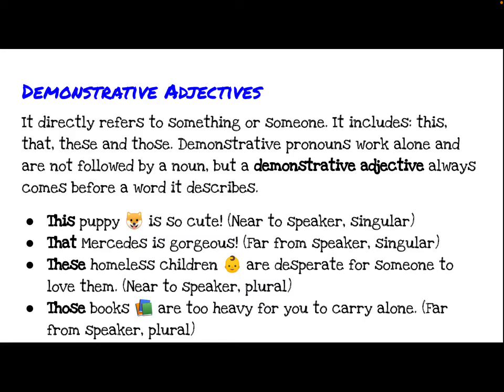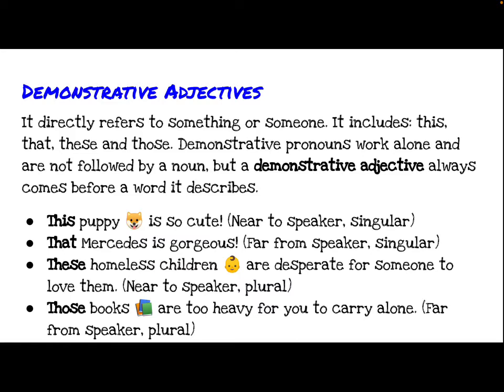For example, this puppy is so cute. In this case, the puppy is near to the speaker and it is in the singular form. Hence, we use this.